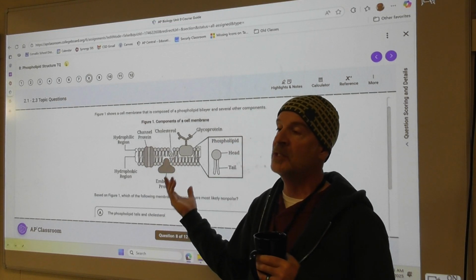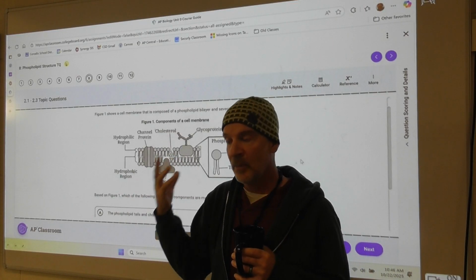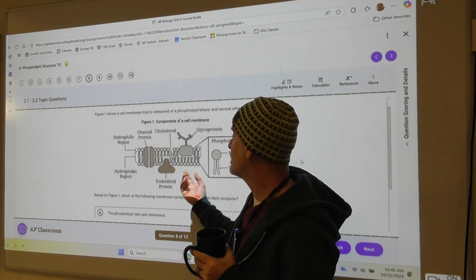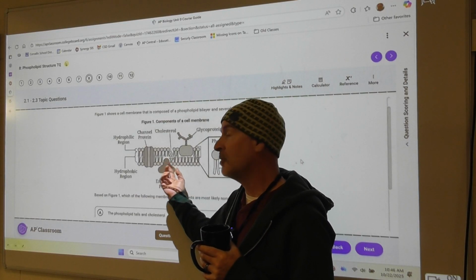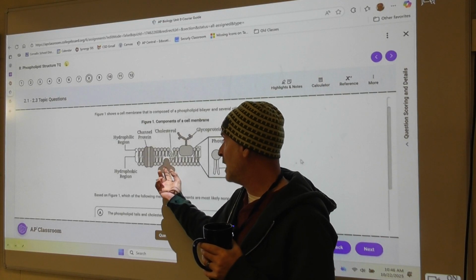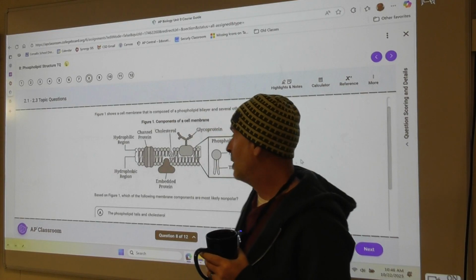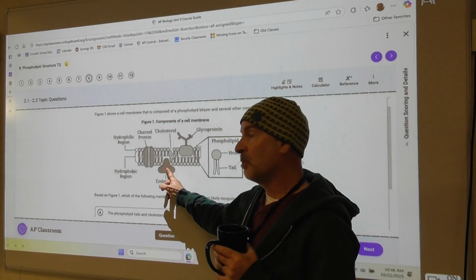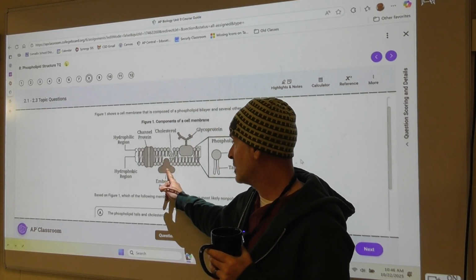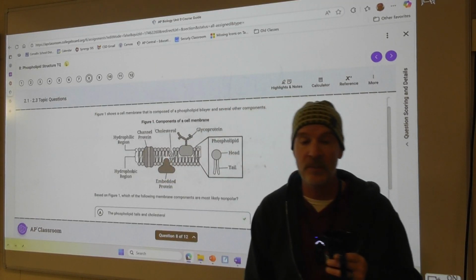Now, the fluid mosaic model of cell membranes tells me that it's likely that these are just hydrogen bonds. But if nothing else, it seems to be anchored in place with these hydrophilic heads. Otherwise, it would be pushed by the hydrophilic substances into the middle, in between those two membrane layers.